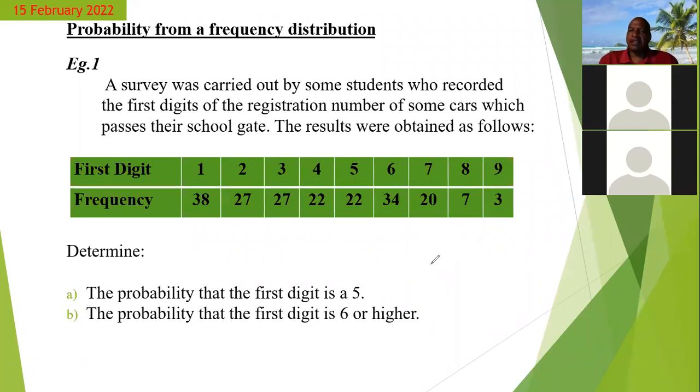What's the number of first digits these students recorded in total? 9. No, it wouldn't be 9. You have 9 different first digits, but it's not 9 digits you record in total.